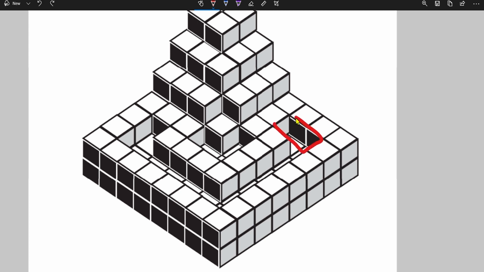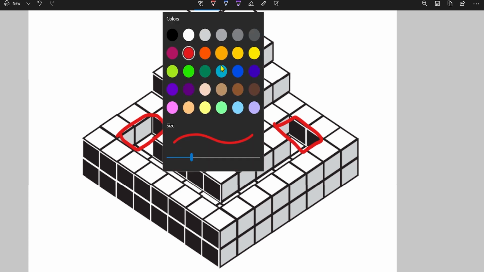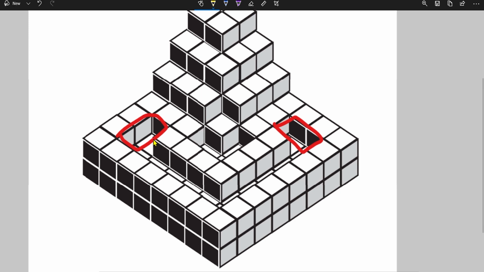So these are 2 over here, one. Okay? These are 2. Yes. And 2 over here. So that's 4. Then here we have 1, 2, 3, 4. And here we have 1, 2, 3, 4.